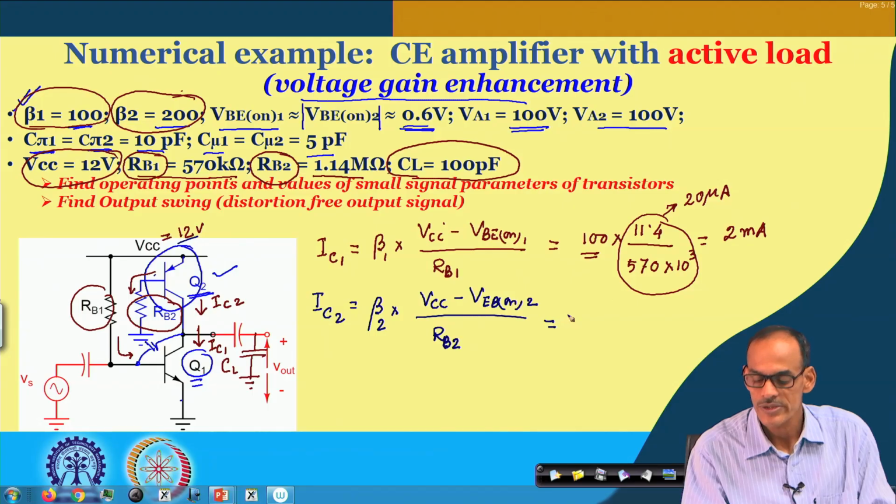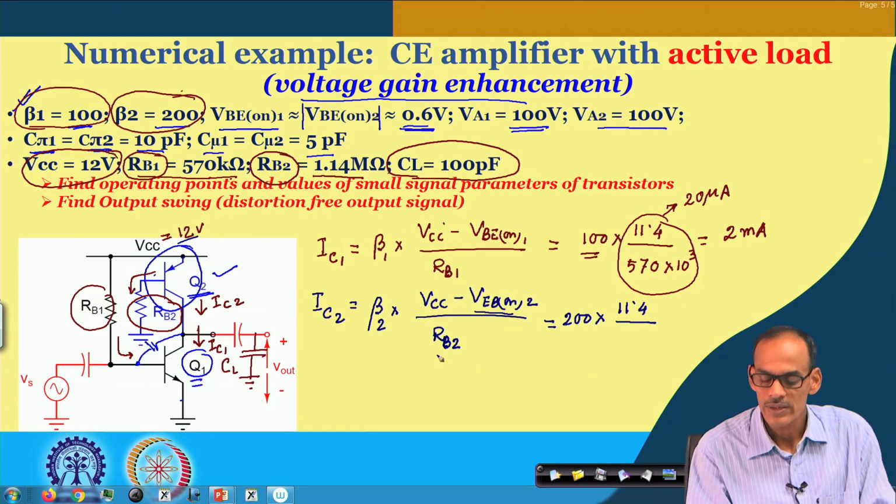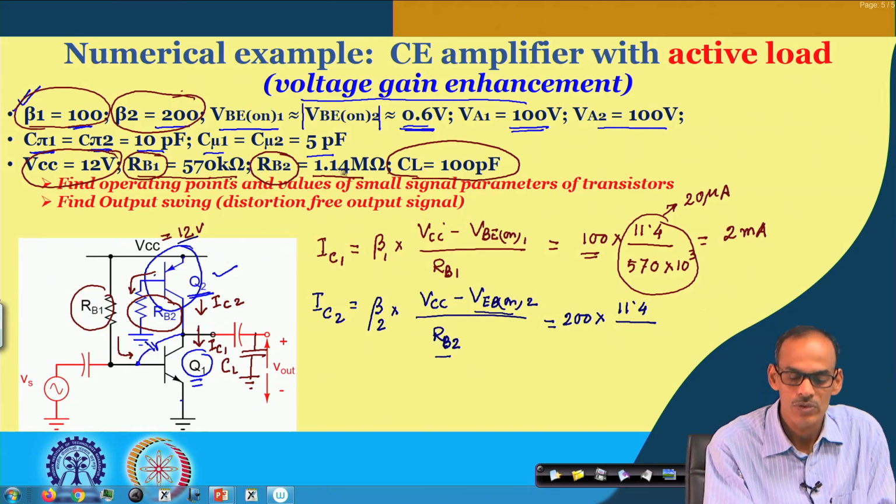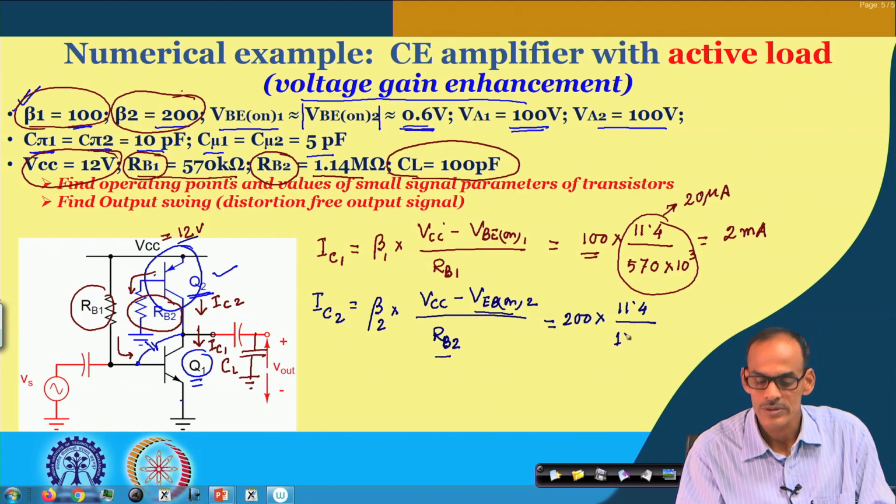So this beta is 200, and then we have 11.4, again minus 0.6, and in the denominator we have RB2, which is 1.14 mega ohm, 10 to the power 6.